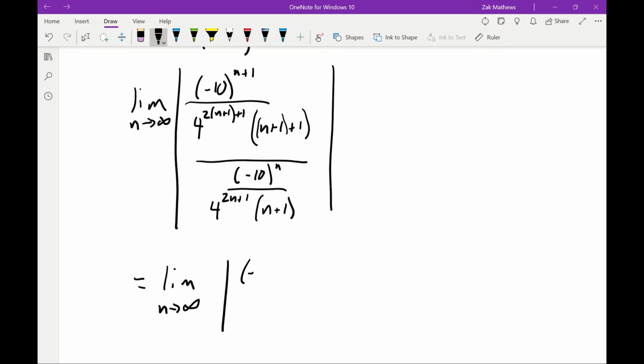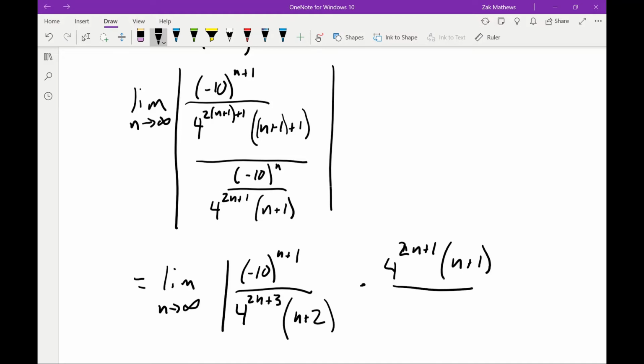So we'll have (negative 10)^(n plus 1) over 4^(2n plus 3) times (n plus 2), times the other fraction, 4^(2n plus 1) times (n plus 1) over (negative 10)^n.